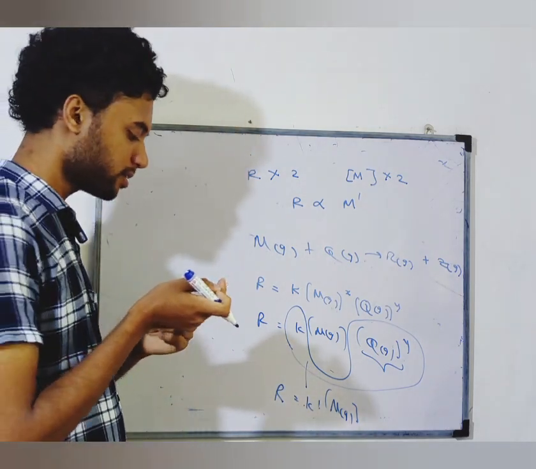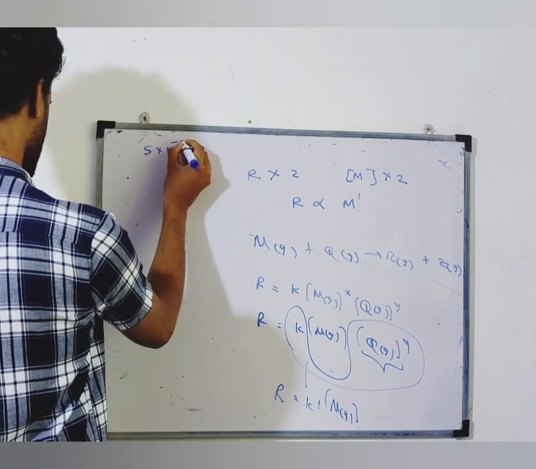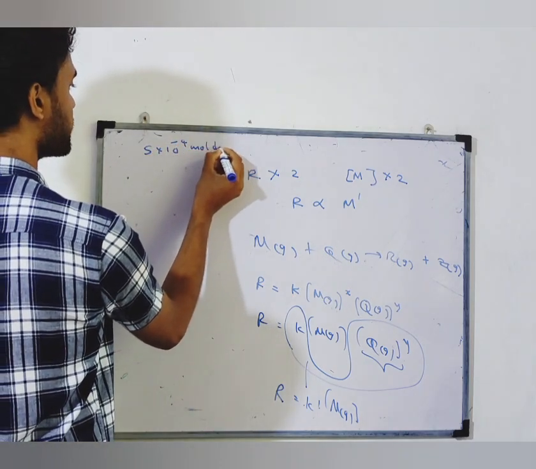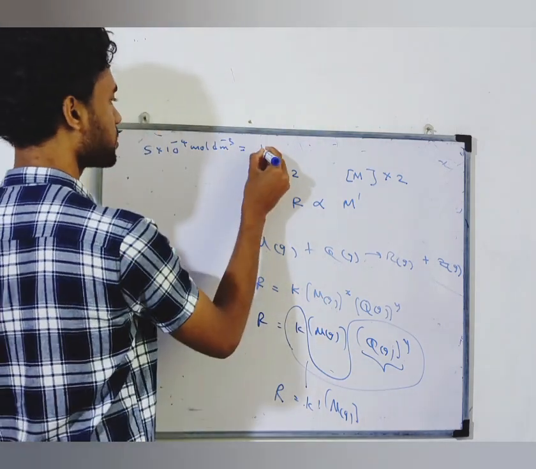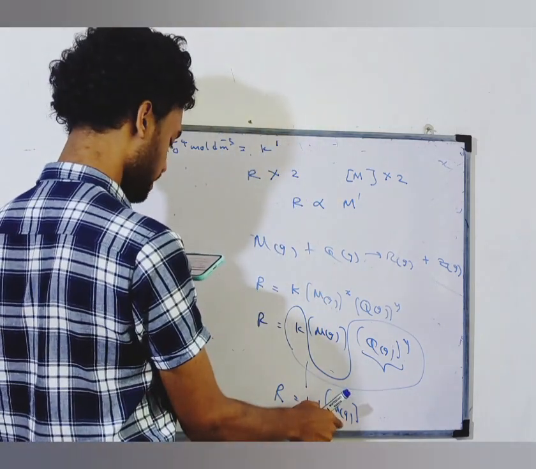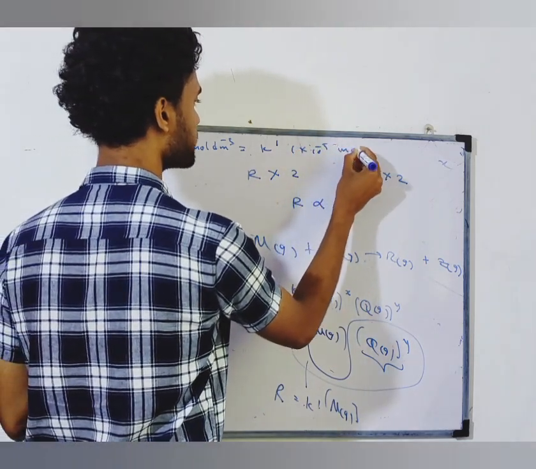Now see. They've given us the rate, 5 times 10 to the power minus 4 mole per decimeter cube per second, right? That should be equal to K dash times the concentration of M gas, 1 times 10 to the power minus 5 mole per decimeter cube.